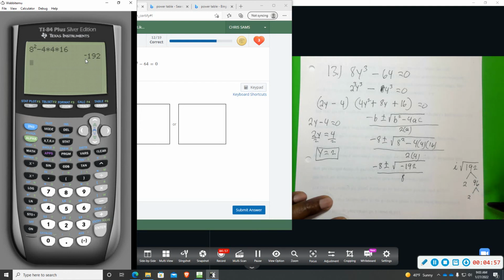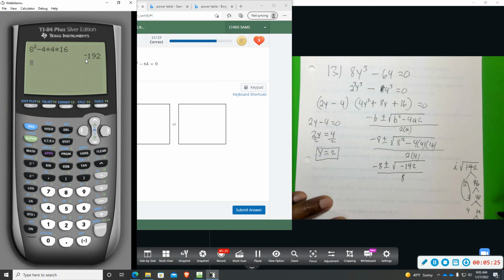And 48. If I got a pair of 2s, I can bring a 2 out. This we can do, let's just say 4 times 12. And then let's break 12 down to 4 times 3.